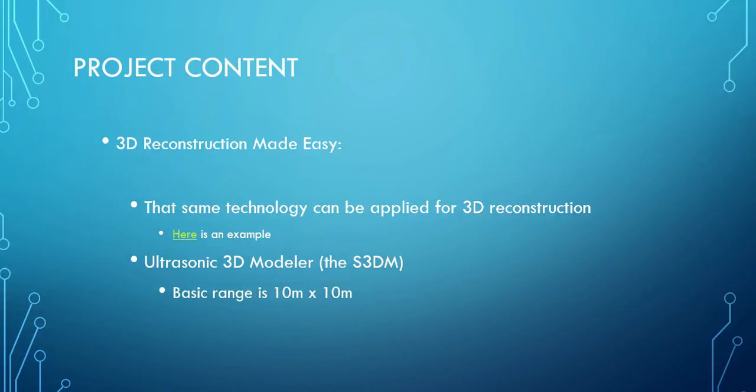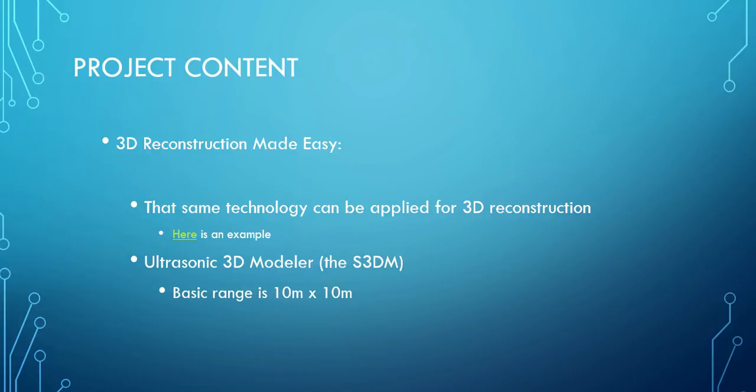I actually found what's called an ultrasonic 3D modeler. It's a piece of equipment and software at the same time that allows you to send ultrasonic waves and also use ultrasonic sensors to reconstruct the 3D model of the room that you're in.